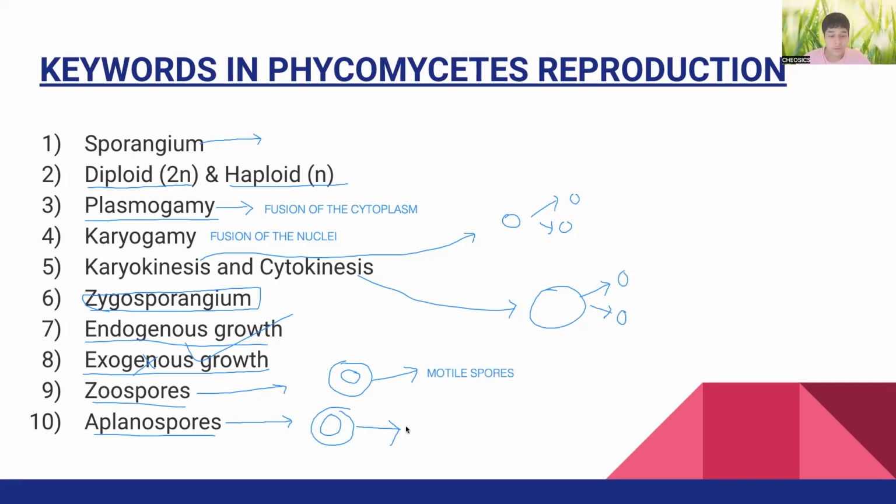And aplanospores are non-motile spores which cannot move around. An easy way to remember aplanospores: A means not present, like asexual, where there is no sexuality present. So aplanospores are spores without a plan. They didn't make a plan to move around. So that's aplanospores.